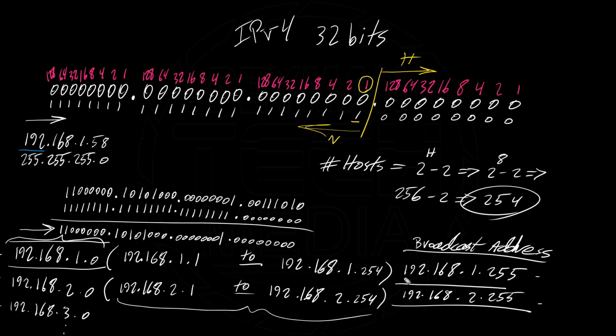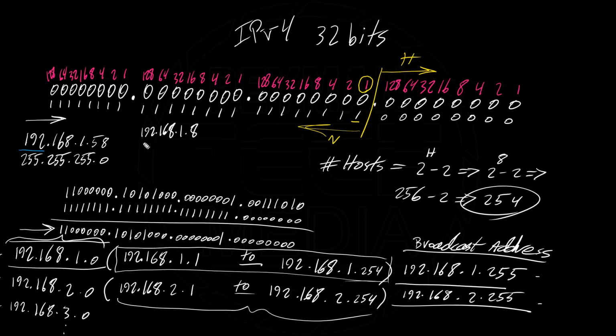Now, any IP addresses in this range can ping, communicate and talk together, because they are on the same network. For example, let's write down 192.168.1.8. Let's write down another IP address, 192.168.1.19.